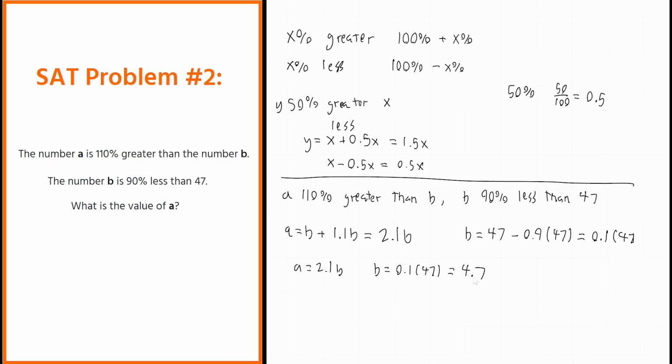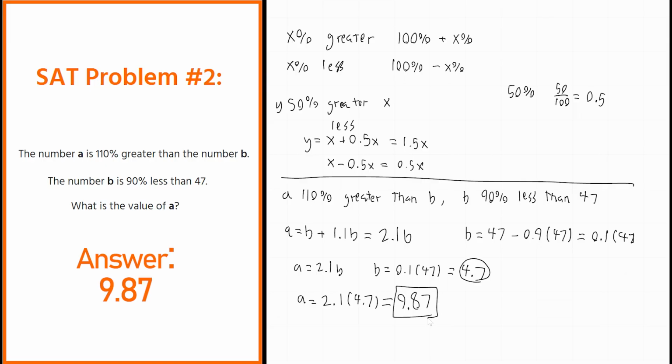And now that we have our value of B, we can plug that back in here to get that A equals 2.1 times 4.7, which we can plug into our calculator to find equals 9.87. And here we have our final answer for the value of A, which is 9.87.